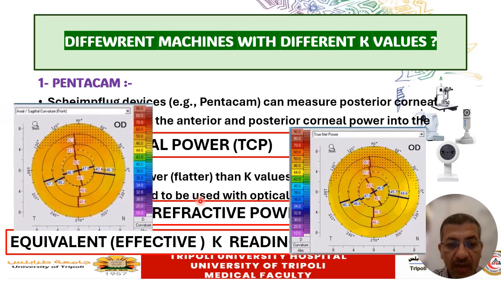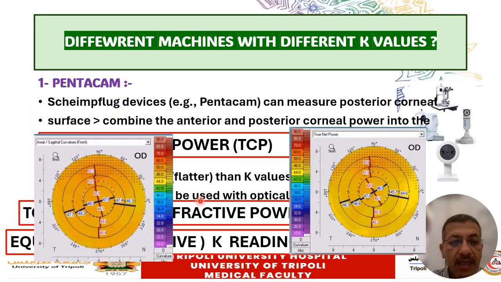refractive index. For example, if you can see here, this is the Sim-K reading, you using the tangential map using the simple K reading, you find the K reading here is 47. However, the total TCRP power is 46 here. This is the total or net power map. You will find it is 46. However, the simple K reading, but using the tangential or axial map, you will find it is 47 here.